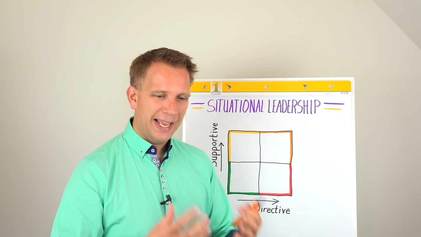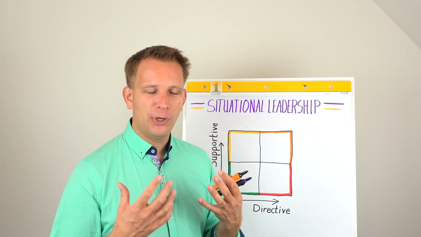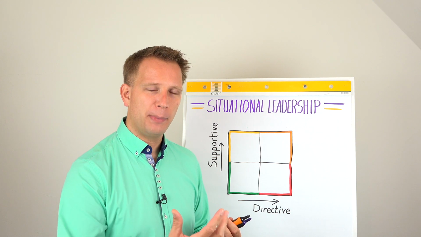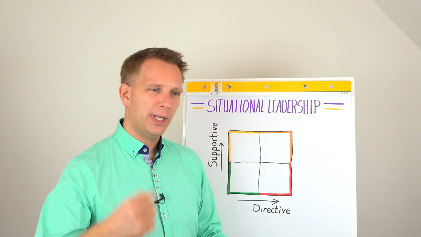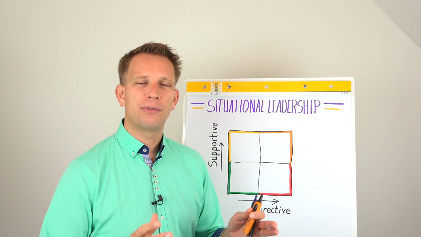For someone who hasn't performed a task before, it is simply not a good leadership style to immediately give them full autonomy and just tell them, here's the goal, I'm not going to tell you what to do, I'm sure that you can figure it out.